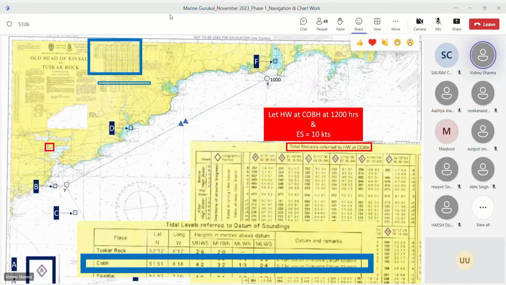तुम्हें स्क्रीन पे कुछ नहीं दिखाई दे रहा? सर यहाँ पे लिखा होगा, let high water at Cove at 1200 hours and engine speed 10 knots. So what is my question? My question is what time are we assuming high water at Cove? Now speak up.